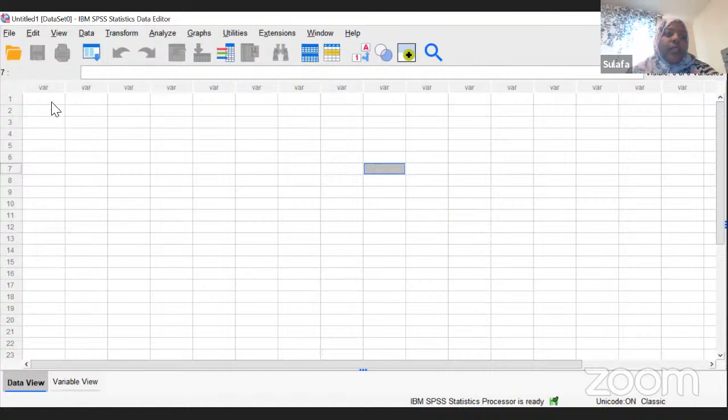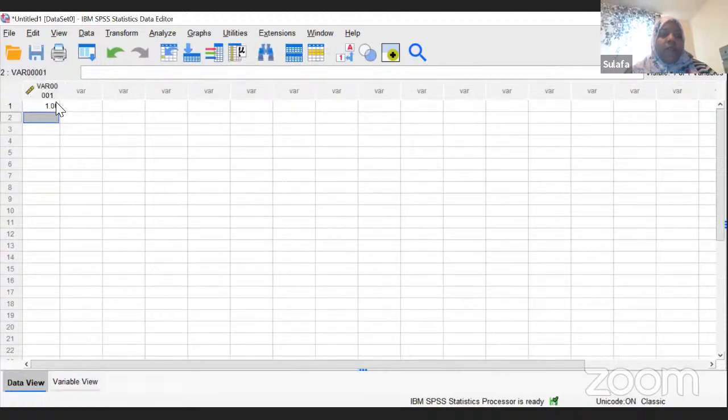So first, be familiar with this screen. The first one, the data view. You will enter your variable. So the first variable, for example, if we have the ID, we can enter 1 for the first observation, 2 for the next, 3, 4.